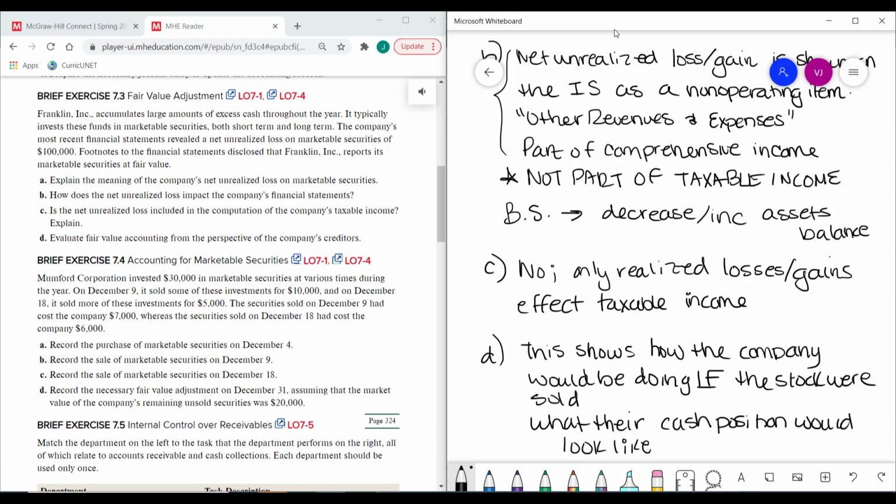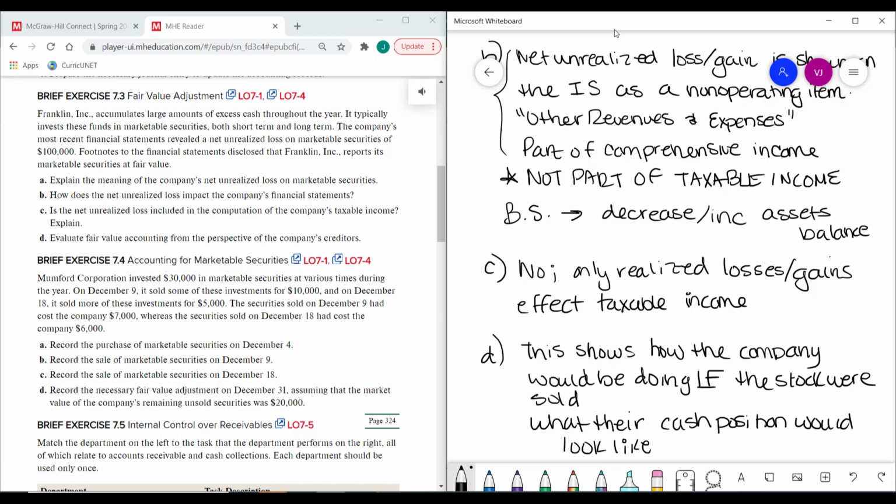Okay, now, is this actually a representation of how the company is really doing? We know, right? So we're assuming that the users of the financial statements, if they're not creditors, but potential investors, are informed parties.